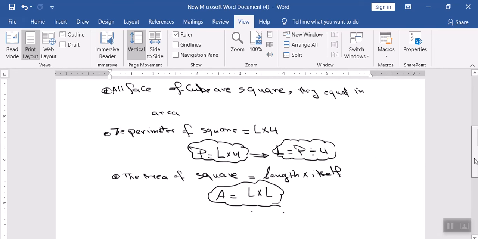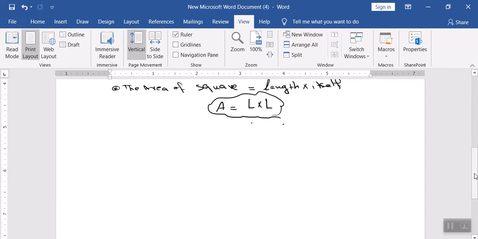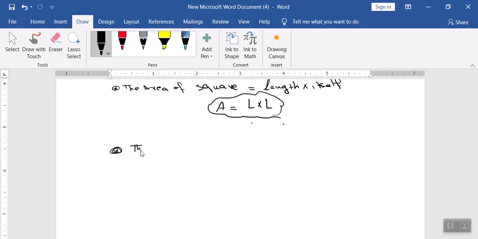Okay, so these are some properties of the square, for finding the lateral area of cube. Lateral area means the side area of the cube, and the lateral area of the cube has 4 sides, so it will be 4 times the area of one face.